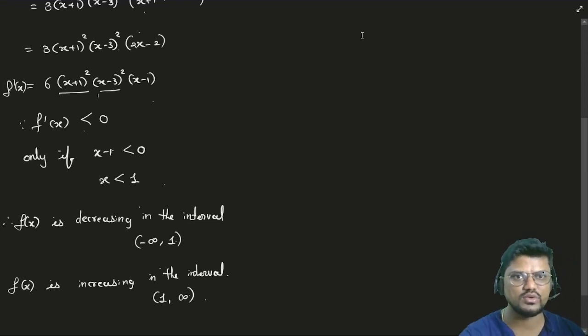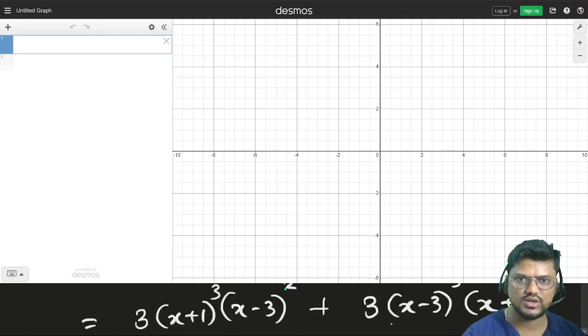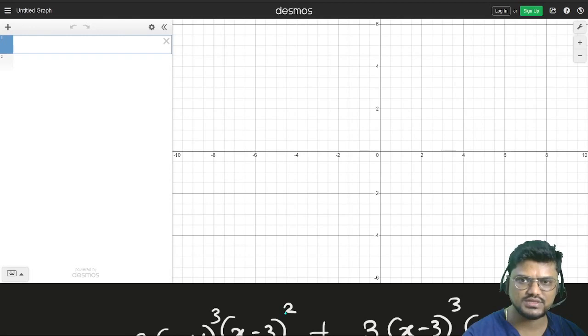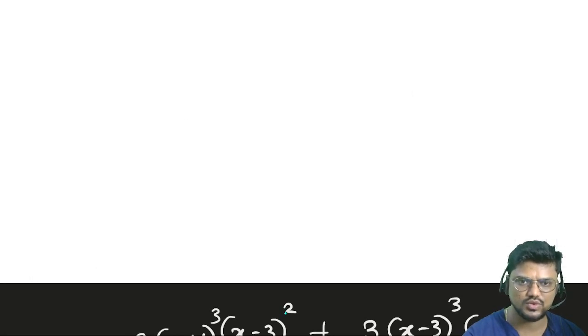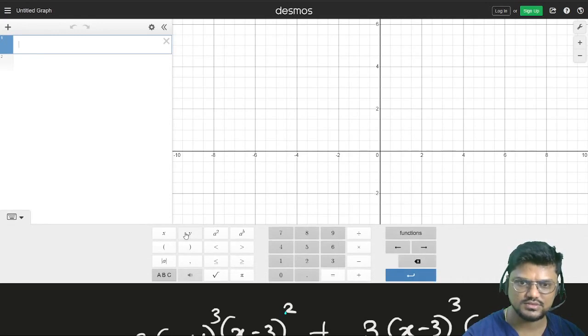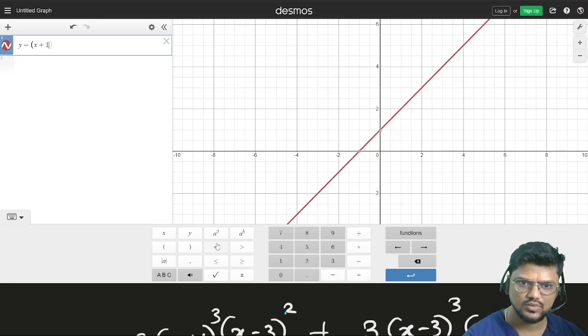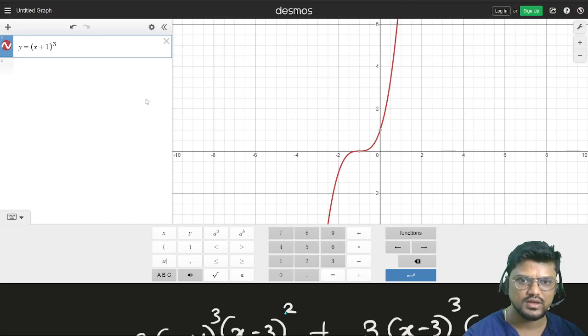See, I'll show you the diagram also, how it is exactly. I hope you guys can see the graph now. So what was your equation? f of x equals (x plus 1) whole cube, right? You can write over here y equals (x plus 1) bracket close, and then whole cube is there, and then in multiplication again, what was there?